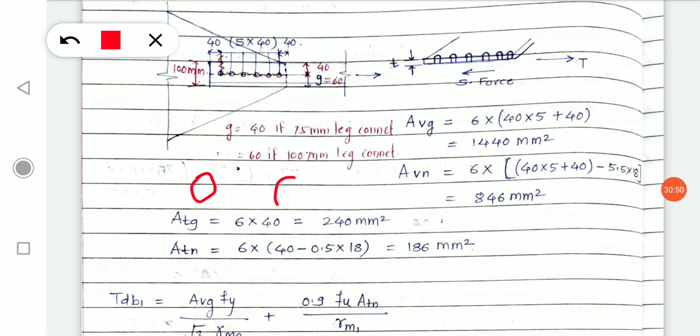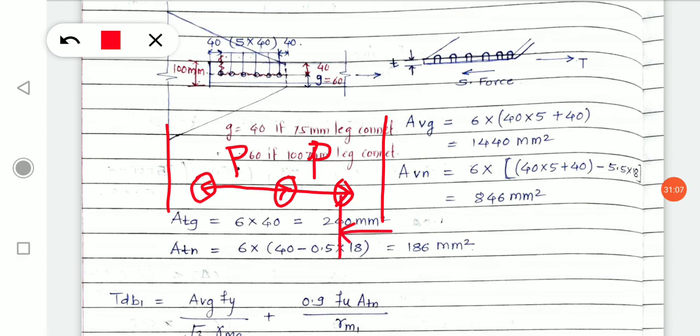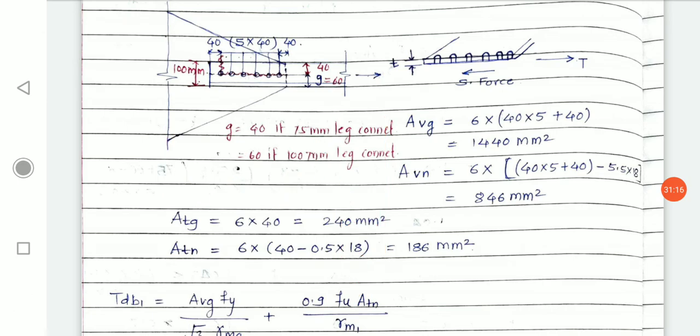Pitch distance is the distance between the centers of your holes, and gauge distance, if you have a plate like this, this is also a pitch distance, this is also a pitch distance, and gauge distance will be from the center of the hole to the edge of the plate. That is called edge distance or gauge distance.